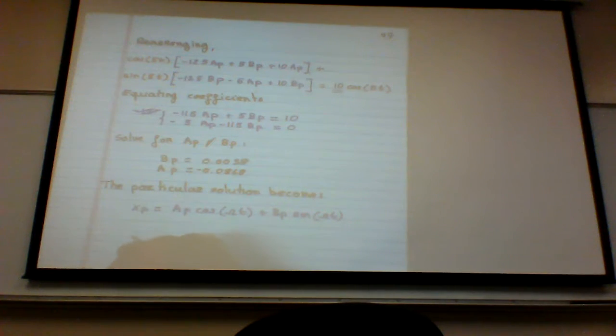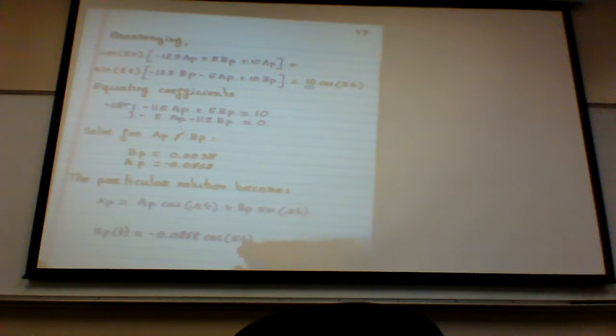So it becomes what? x_p(t) becomes negative 0.0868 cosine 5t plus 0.0038 sine 5t.